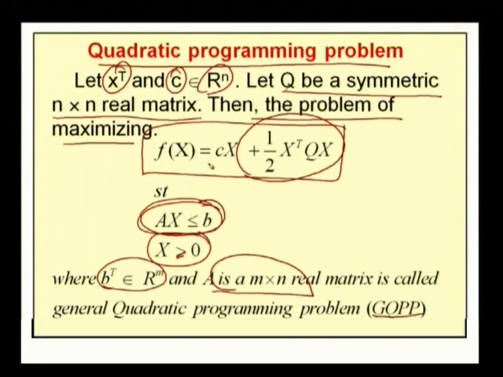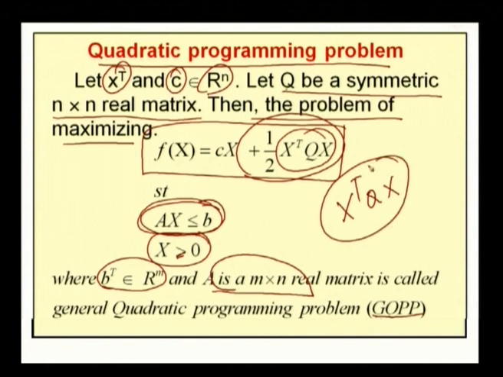In this QPP, the term x transpose Q x represents a quadratic form. If x transpose Q x is greater than 0, then this quadratic form is said to be positive definite.